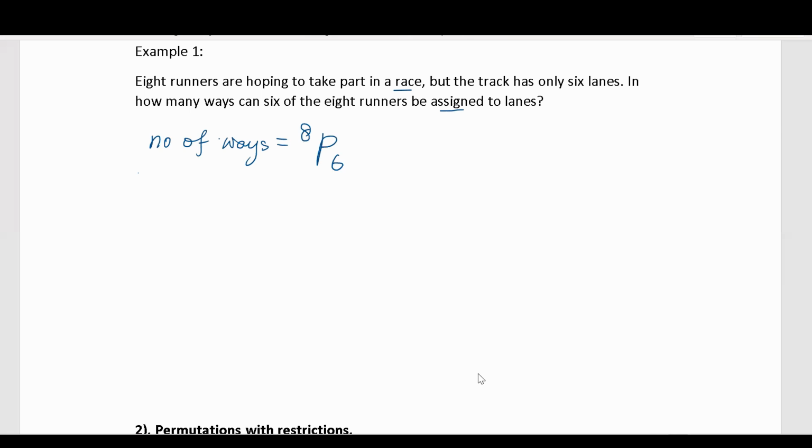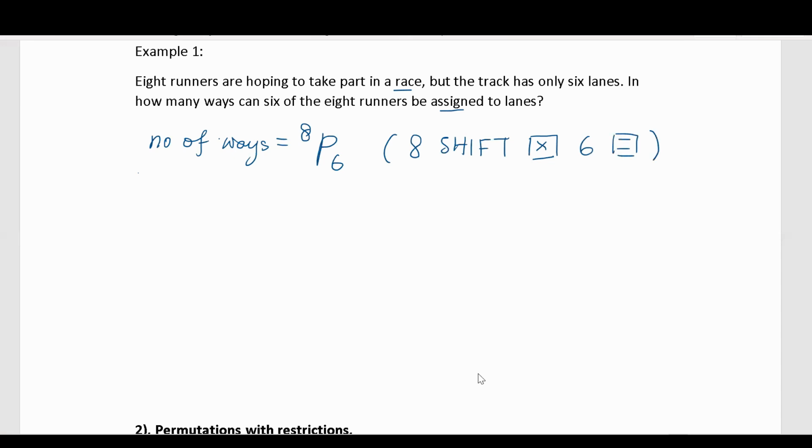8P6. Now use your scientific calculator: press 8, followed by shift, and look for the multiplication sign button. Press it, you will see a capital P appear, right? Followed by 6 and press equal.